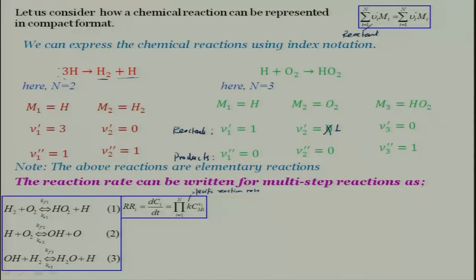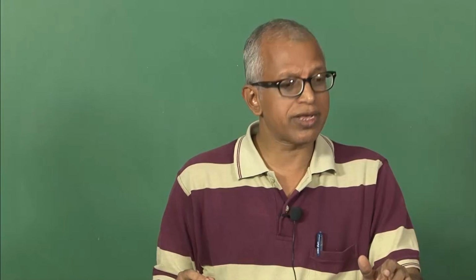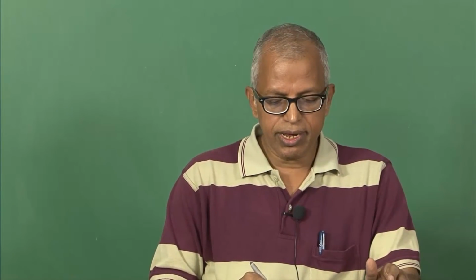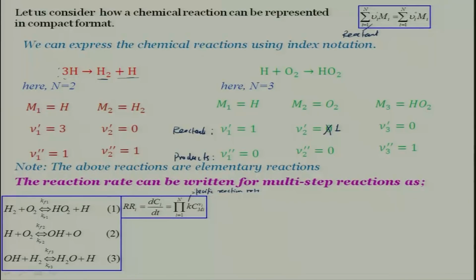Now, I want to find out what the reaction rate for H will be. How are we going to do it? For any species, I want to do it for all these 3 reactions. If you look here, H is being produced, and in this case H is also being consumed.